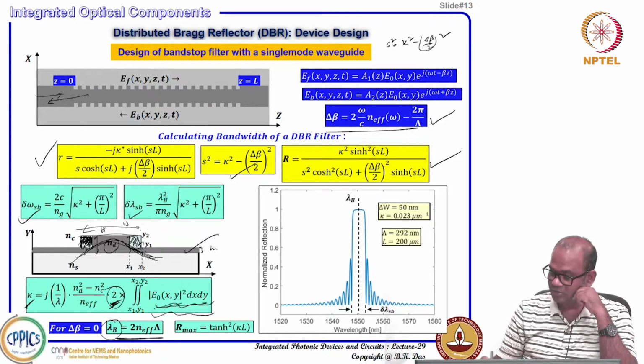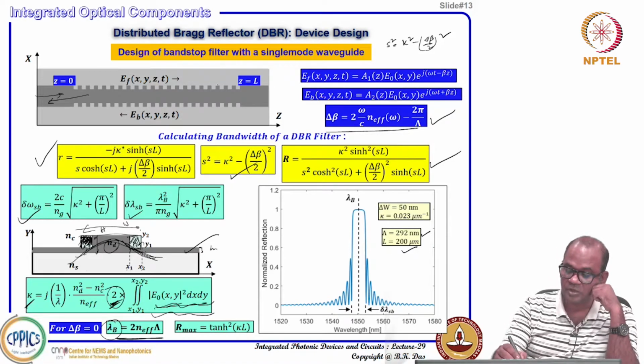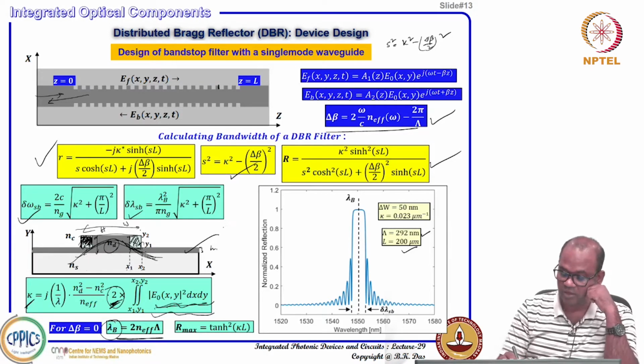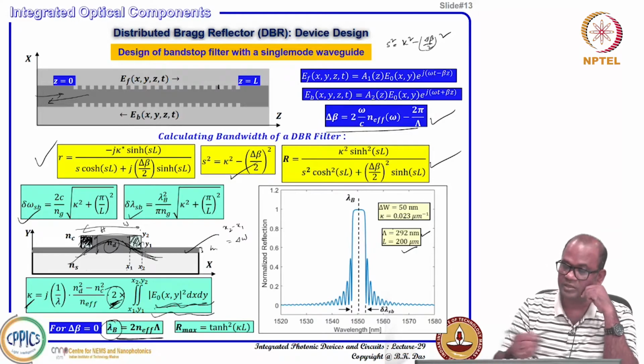So as a function of wavelength, suppose I define a period of 292 nanometer for L equal to 200 micrometer device length, and delta W means this perturbation, x2 minus x1, can be called delta W. So one side perturbation delta W is 50 nanometer, and on the other side another 50 nanometer. Then we can use this kappa calculation.